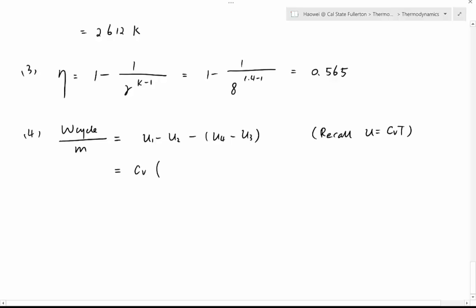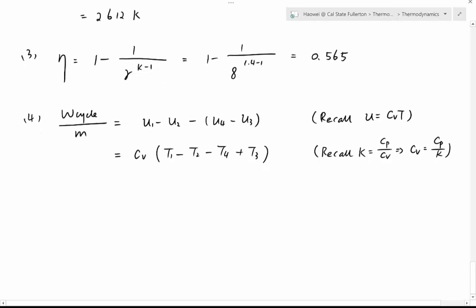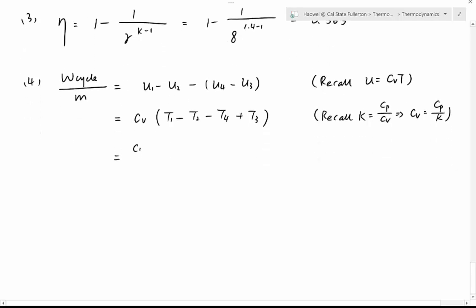What is left is T1 minus T2 minus T4 plus T3. And again, we rewrite Cv. Recall the definition of K is Cp over Cv, so we can rewrite Cv into Cp over K just like before. So this equation becomes Cp over K times (T1 minus T2 minus T4 plus T3).